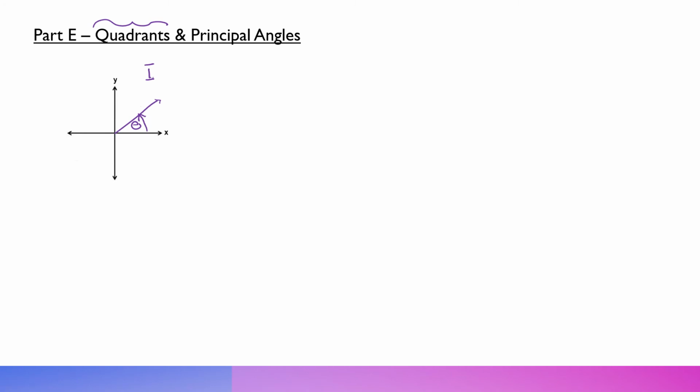In quadrant 2, if I took theta and put it in quadrant 2, let me switch colors. So I'm going to take theta, the exact same measurement. Of course, I'm not actually measuring it, but let's pretend I am. And let's pretend that's straight. There's my theta again, but I've put it in quadrant 2. So now here's my rotation.